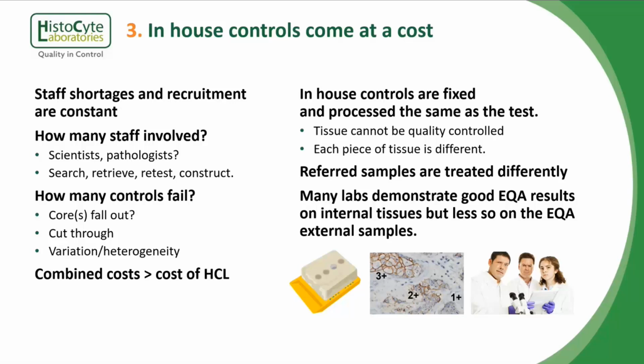But when laboratories start looking at just how many scientists are involved in going through the database, identifying potential samples, potentially retesting them, there's a cost to retest them. There's a cost to get the pathologist involved, their time taken away from actually doing the diagnosis and looking at archived samples. So all of this is a drain in time, resource, and cost.